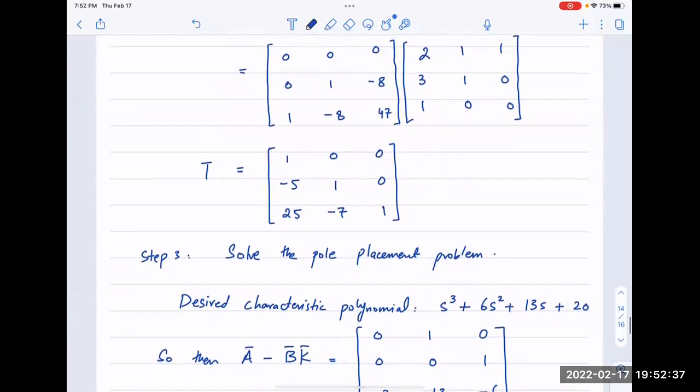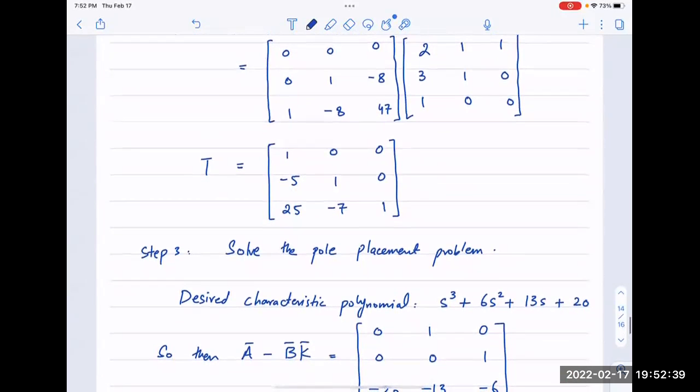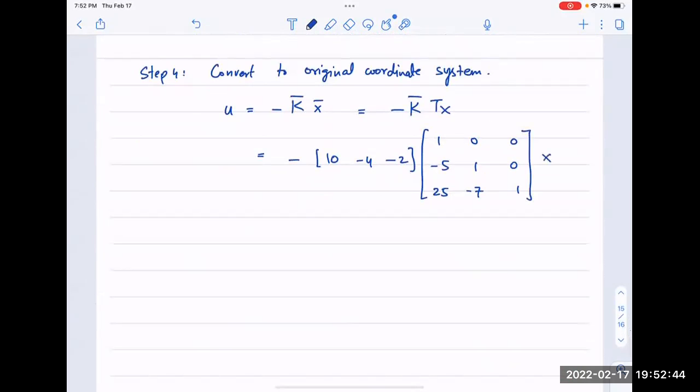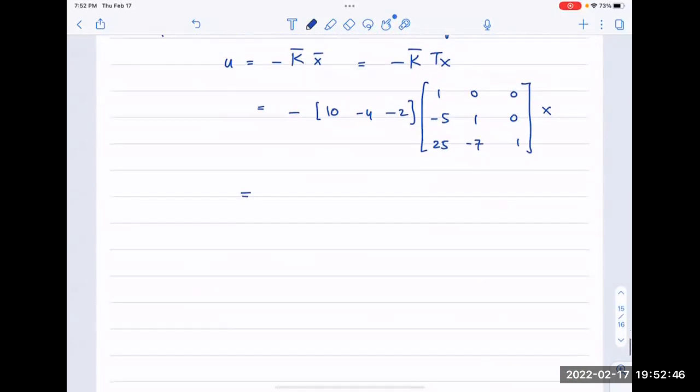So remember, that's the similarity transformation matrix T and x here. So if you multiply this, you are going to get minus 20 here, 10 here, and minus 2 x3. Right, so which is equivalent to saying u equals minus 20x1 plus 10x2 minus 2x3.